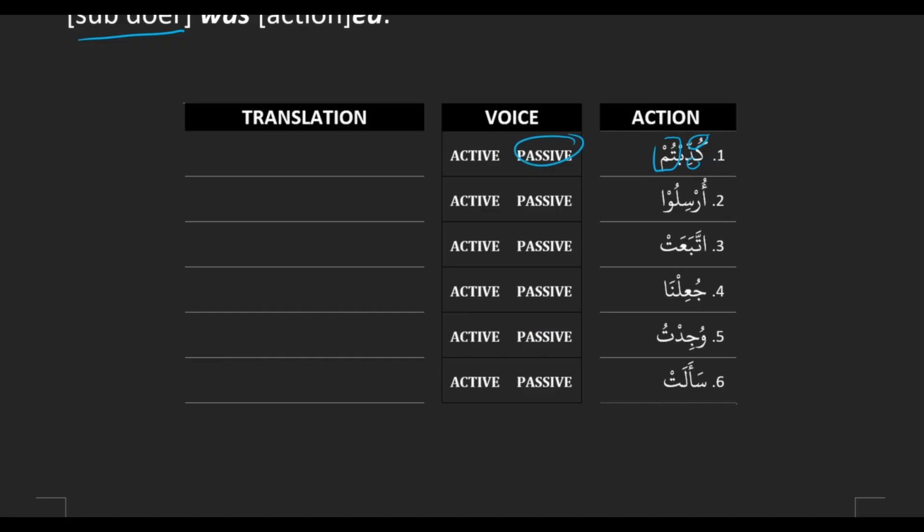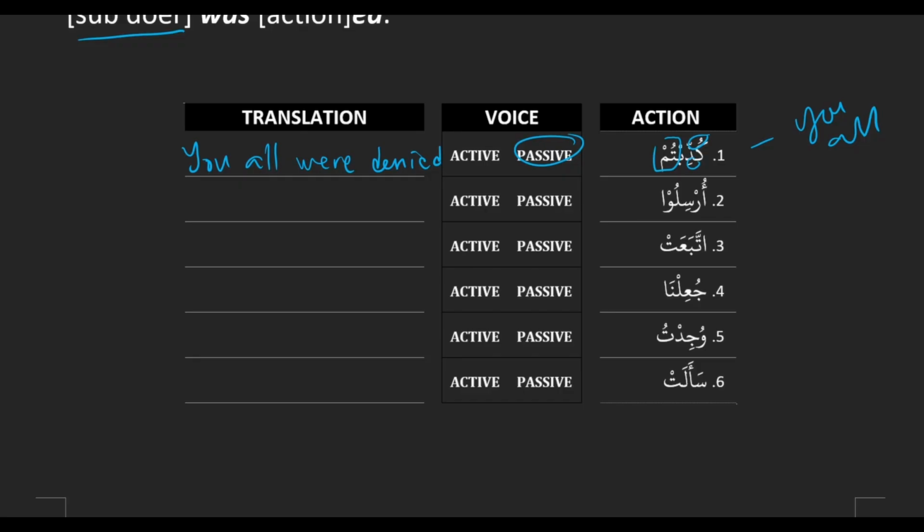Start with the subdoer, then was actioned. What's the subdoer here? You all. We know from the indicator. So start with the subdoer, you all, and then, was, or I guess you all were denied. You all were denied. You see how this follows the template? Substitute doer was actioned.